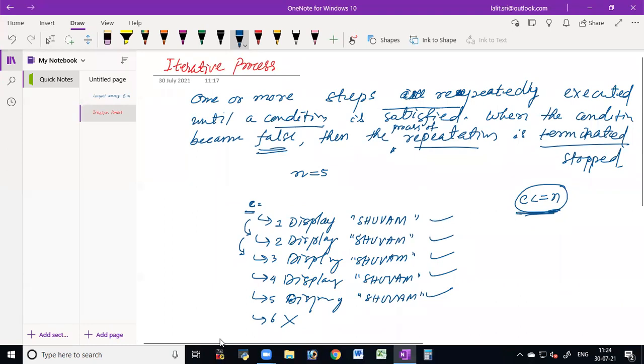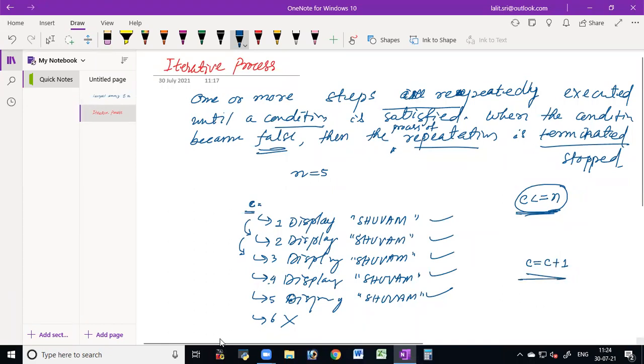The value of C is increased by 1. So how can I write this statement mathematically? C equals C plus 1. The new C value becomes the old C value plus 1, the previous value of C plus 1.